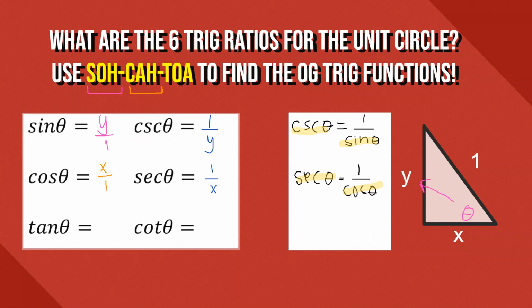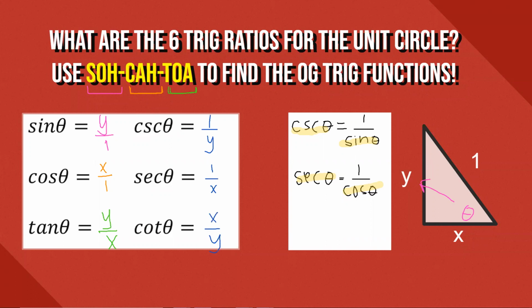Tangent is opposite over adjacent. Still from angle measure theta, opposite is going to be y over the adjacent side, which happens to be x from our special right triangle. So cotangent, being a reciprocal, is going to be the reciprocal of tangent. It's going to be x over y.